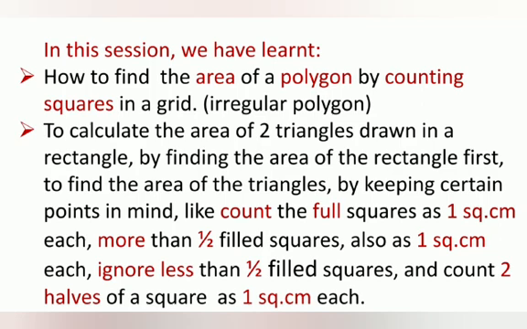Then we learned to calculate the area of 2 triangles drawn in a rectangle by finding the area of the rectangle first, then to find the area of the triangles by keeping certain points in mind, like count the full squares as 1 square centimeter each, more than half filled squares also as 1 square centimeter each, ignore less than half filled squares and count 2 halves of a square as 1 square centimeter each.